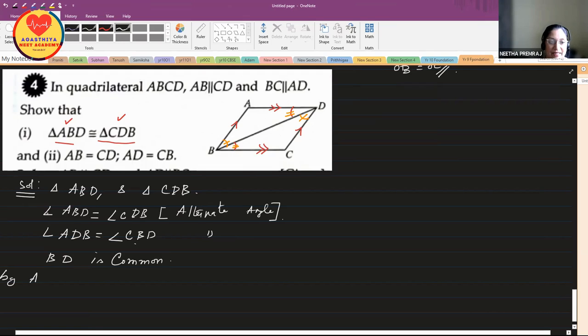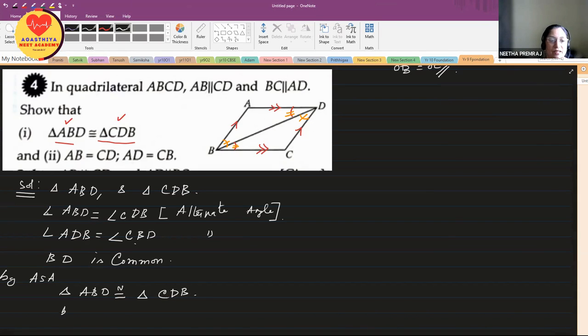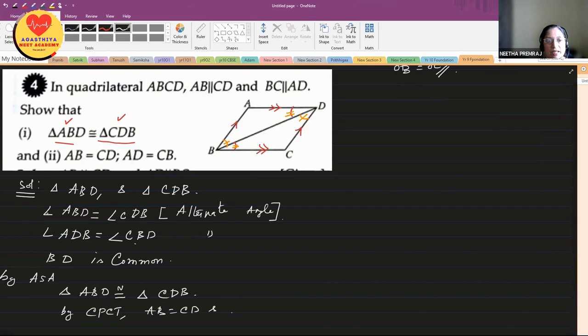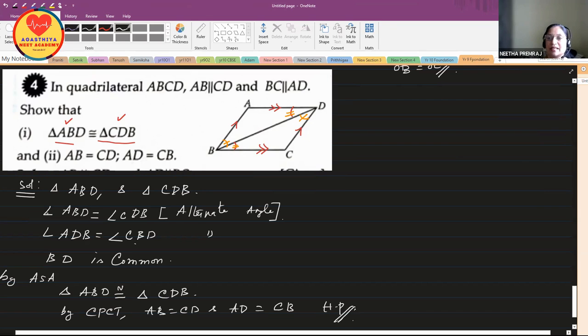By ASA, triangle ABD is congruent to triangle CDB. Then by CPCT, you simply write the rest: AB is equal to CD and AD is equal to CB. Hence proved.